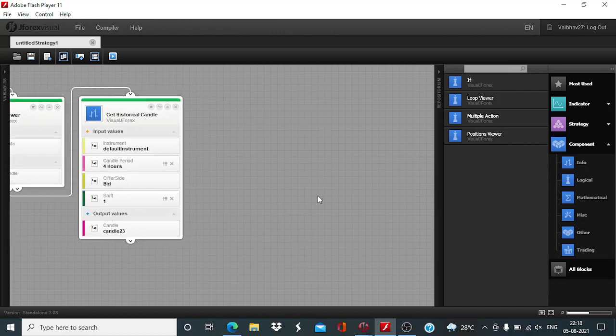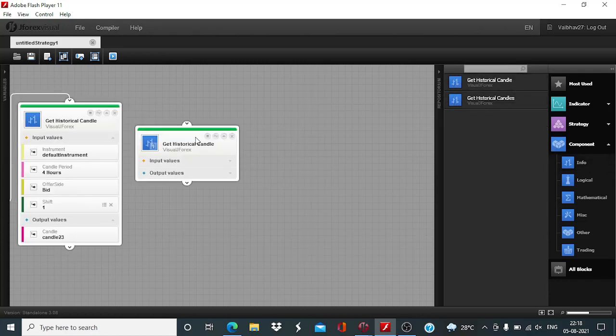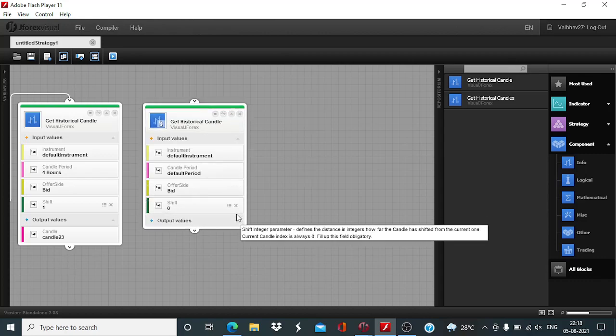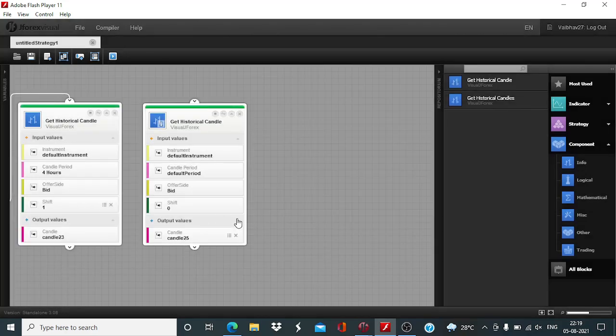And to pinpoint the exact entry point, we are going to need 2 more of these get historical candle blocks. So again, info. And this will be 10 seconds.